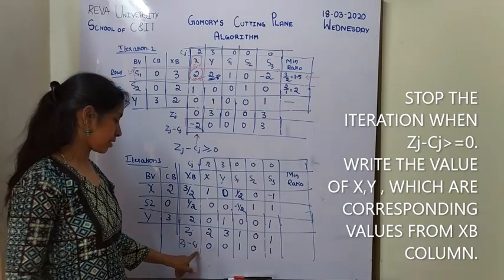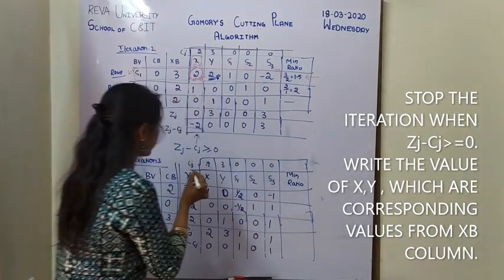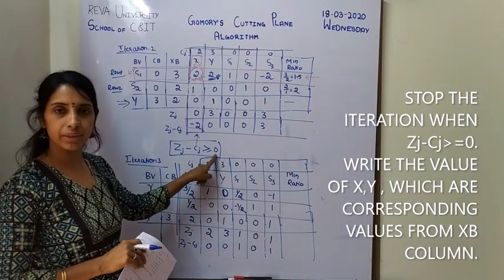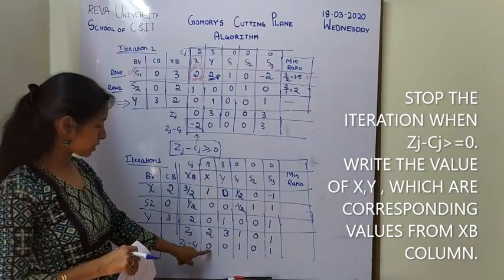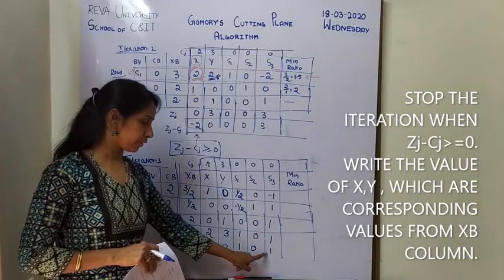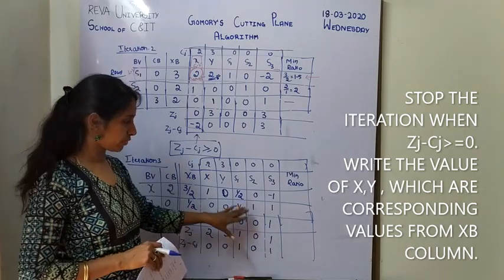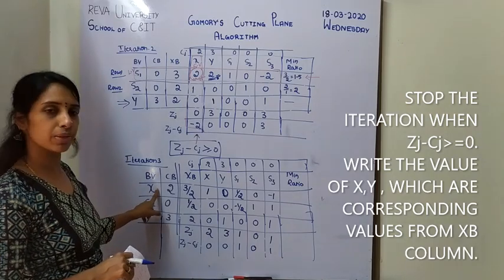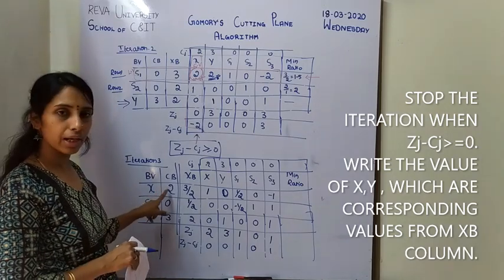Zj minus Cj should be greater than or equal to 0. So if you observe here, it is greater than or equal to 0. So we have to stop the iteration here and write the values of x, y and our z values.